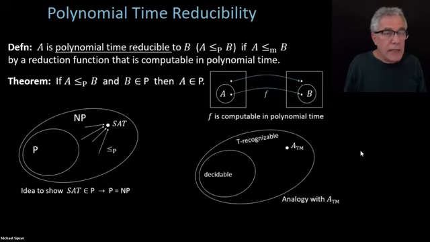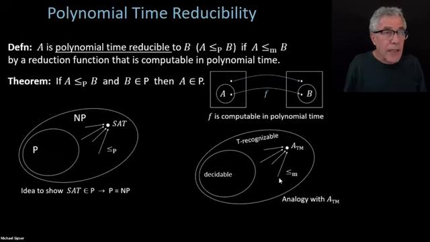And there is an analogy that we had in the first half of the course in one of our homework problems, if you may remember. We showed that ATM has the very special property that all Turing recognizable languages are mapping reducible to it. I think that was problem 2A, either in problem set 2 or problem set 3. I think problem set 3.